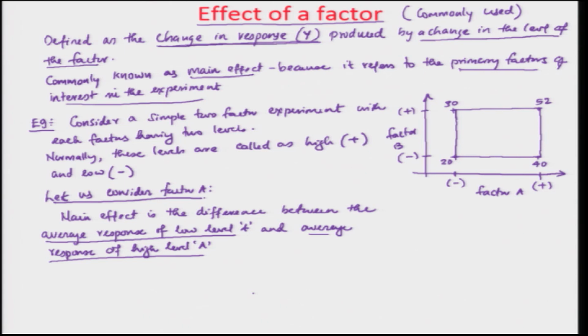So, what is the average response of low level A? High level A has two values, 40 and 52. The low level A has two values, 20 and 30. So, the average of high level A is 52 plus 40 divided by 2, because there are two values, and the average of low level A will be 30 plus 20 divided by 2.